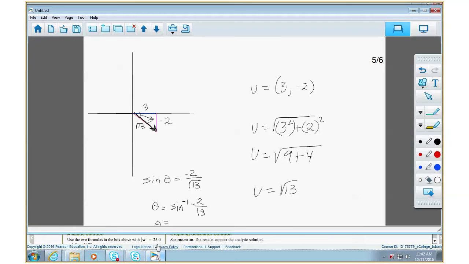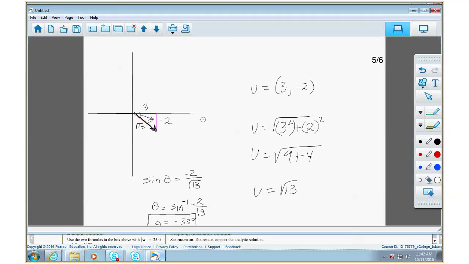It would be negative 33 degrees. Round it however you get, but that is equal to negative 33 degrees, or whatever it comes out to be. It depends on what they're asking.